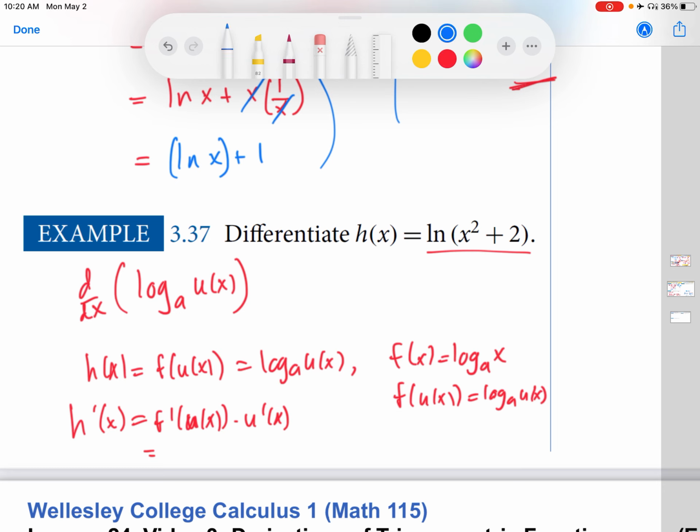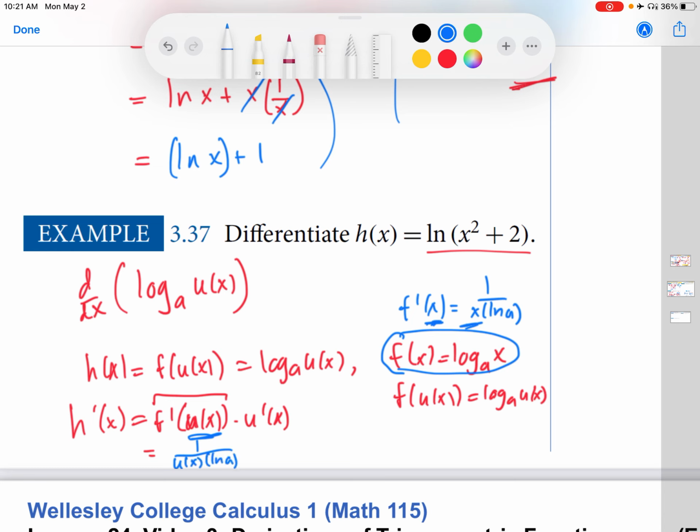Okay, so f prime of u of x. Well, I need to differentiate f. Here is f. What is its derivative? Well, that's exactly the rule we've been using. So 1 over x times ln of a. So if I then go back over here in the bottom, and I am trying to write out f prime of u of x, well, I just take u of x and I put it in here. So this is 1 over u of x times ln of a, and then I multiply that by u prime of x.